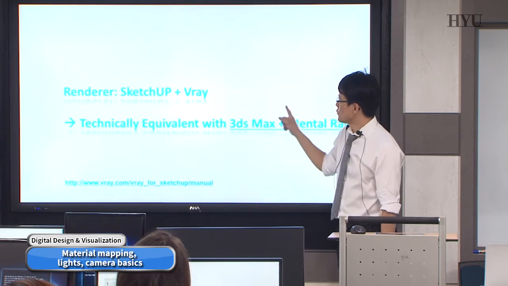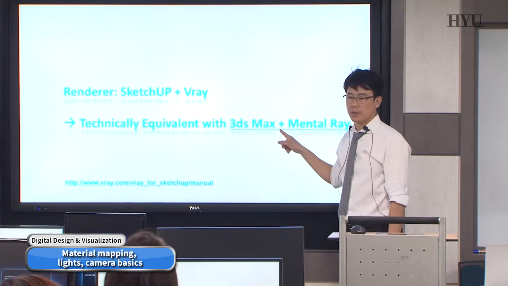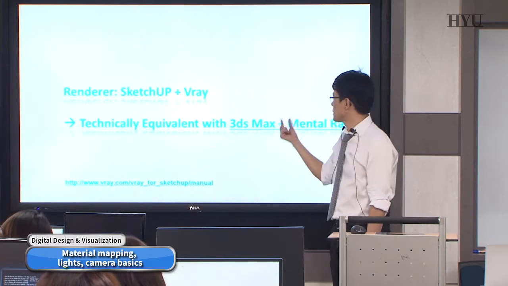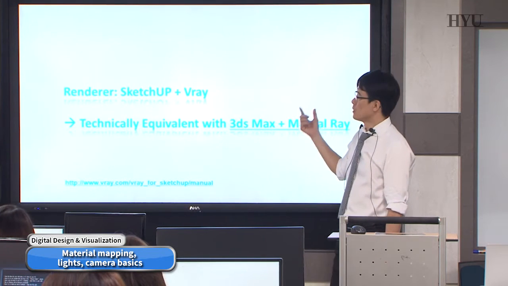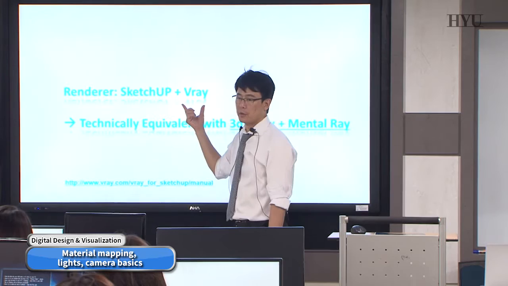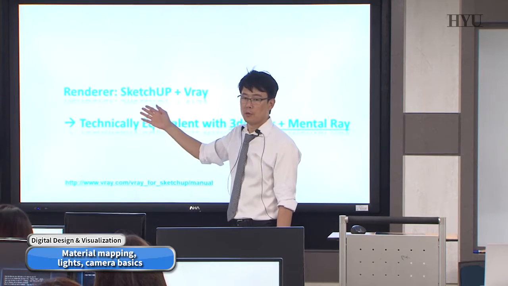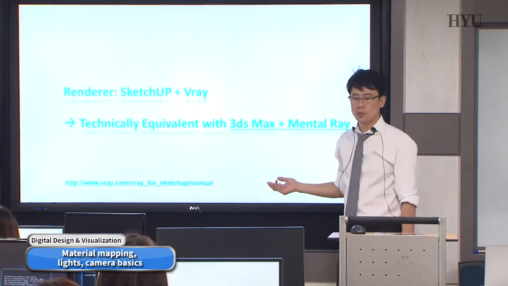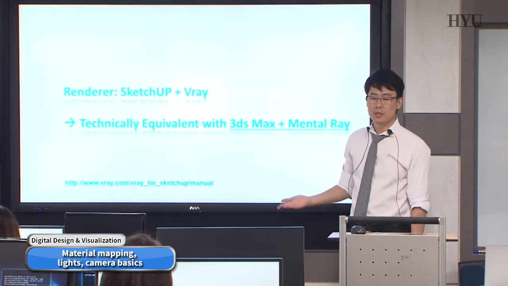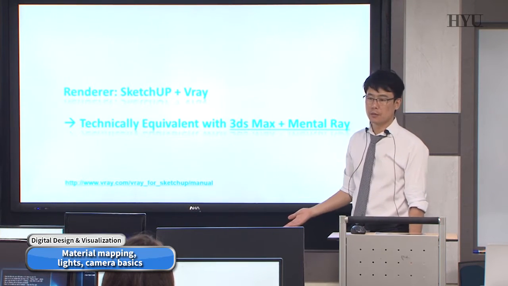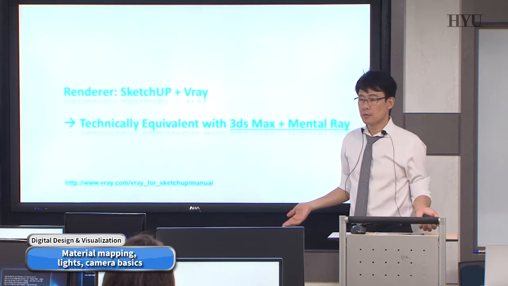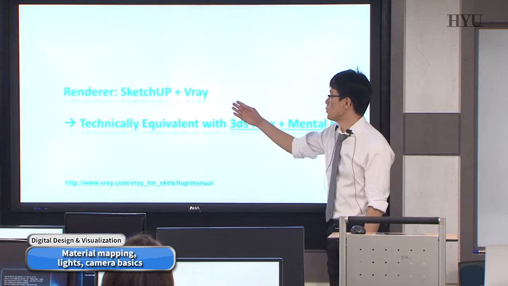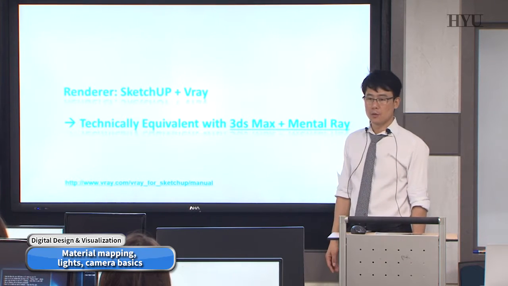What if you use V-Ray on 3D Max? You need to install V-Ray plugin and 3D Max plus V-Ray, SketchUp plus V-Ray. There is no available Mental Ray on SketchUp, okay? Technically same because diffuse, reflection, refraction, texture effect, amount of advanced technologies, ray tracing, all they are available, those renderers, okay?